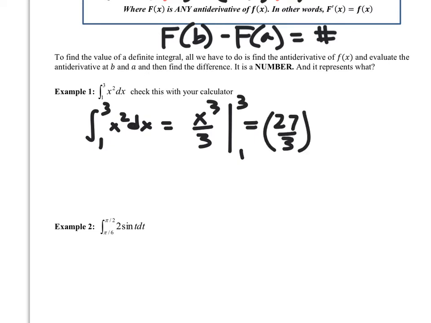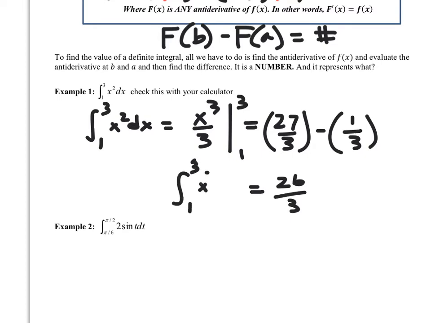So there's f of b, and f of a would be 1/3. So it looks like the area under the curve from 1 to 3 of x squared dx would be 26 thirds. So the integral from 1 to 3 of x squared dx would be 26 thirds.